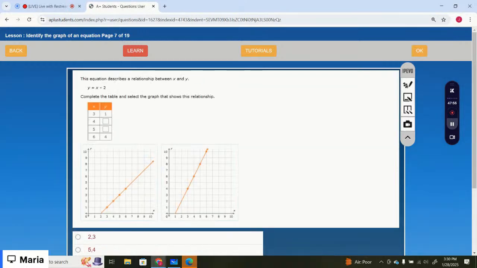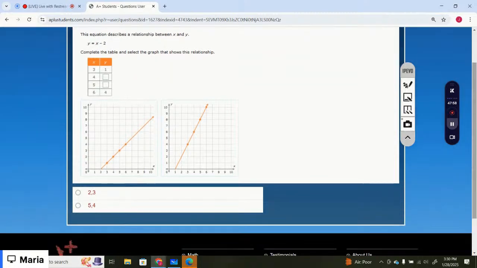Okay, this equation describes the relationship between x and y. Y equals x minus 2. So which is the correct option? You need to find for x equals 4. 4 minus 2 is 2. When x equals 5, 5 minus 2 is 3. So the correct option is option number 1. That are 2 and 3.